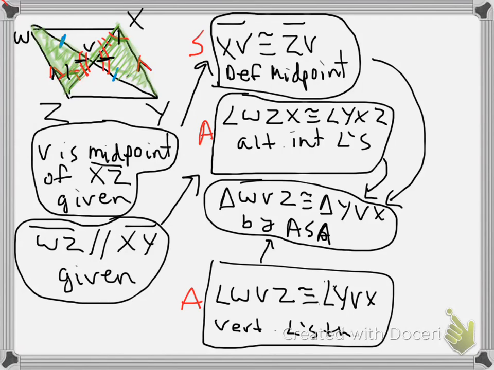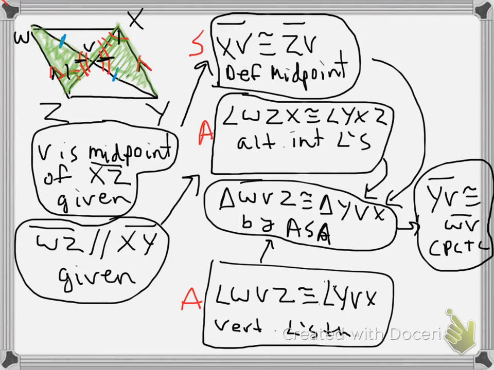And now that they're the same, we have the corresponding parts. And so we've got the corresponding parts, which is what we're trying to prove, that YV is congruent to WV by CPCTC. Corresponding parts of congruent triangles are congruent. And we finished that one.